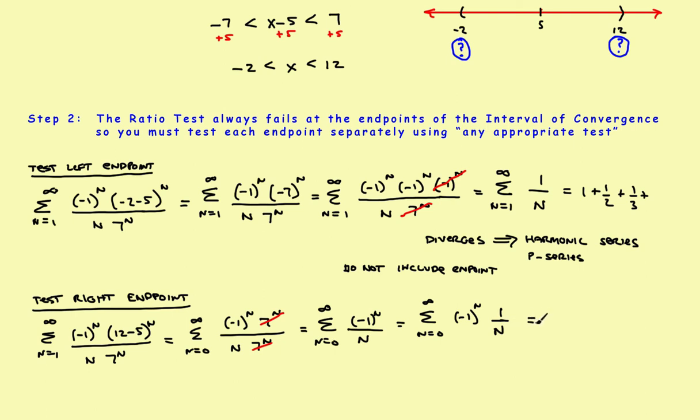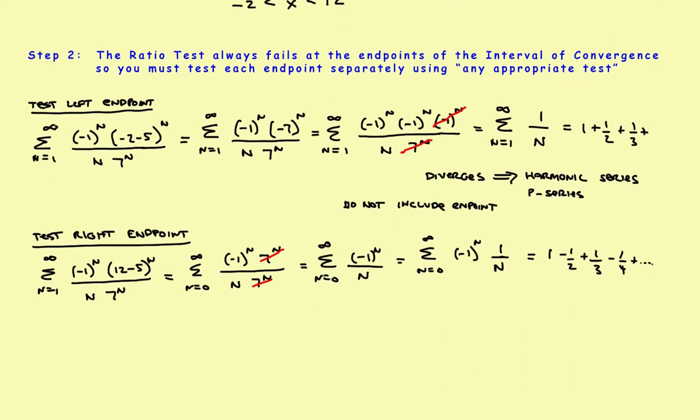If you wrote out the first few terms, this is actually going to turn into an alternating harmonic series. So when n is equal to 0, you would have 1. When n is equal to 1, you would have minus 1/2. Then you'll have a plus 1/3, a minus 1/4, and so on. So you can recognize that as an alternating harmonic series.